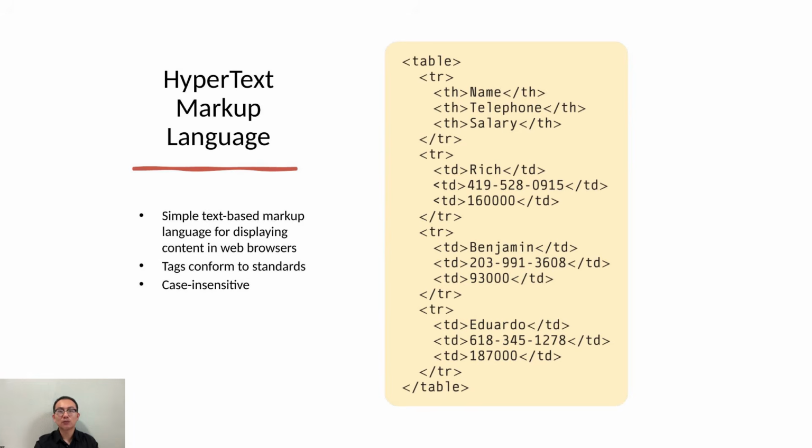In the example shown, we have a table with 3 columns: name, telephone, and salary. Each row is defined with a tr tag, and each cell in a row uses a td tag. Also, unlike XML, HTML is not case sensitive. That means lowercase table and capitalized table will be interpreted the same way by browsers. So in short, HTML focuses on presentation, while XML focuses on meaning and structure.